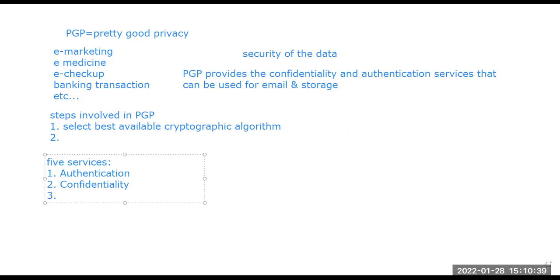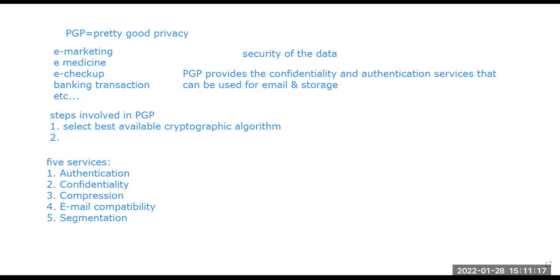Third one is compression. Fourth one is email compatibility. And fifth one is segmentation. So these are the 5 important services present in PGP: authentication, confidentiality, compression, email compatibility, and segmentation.